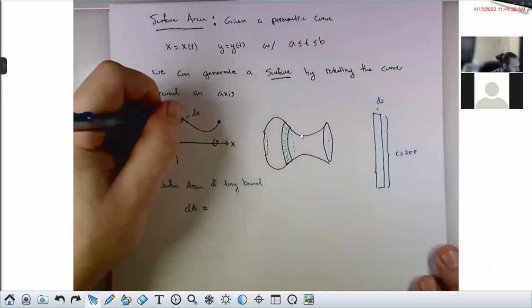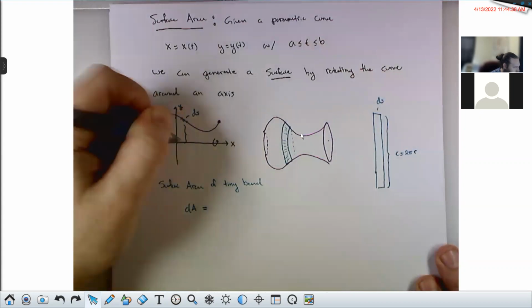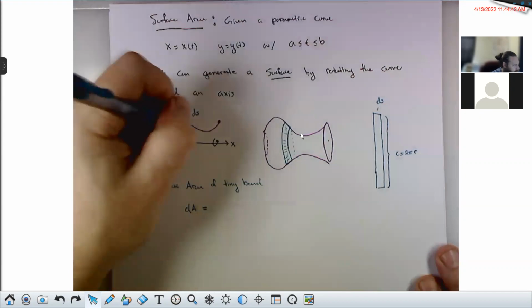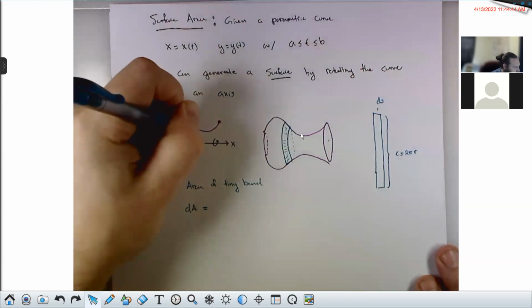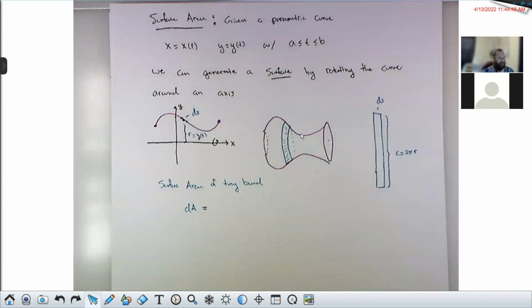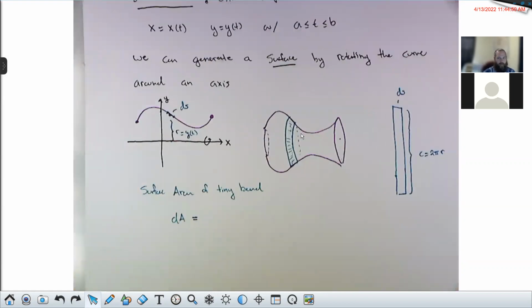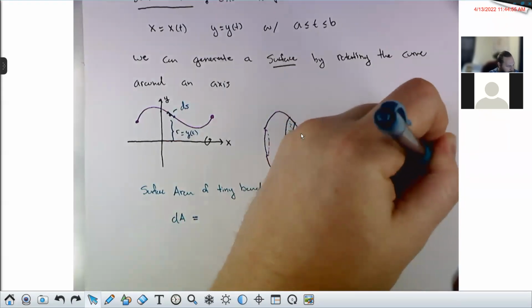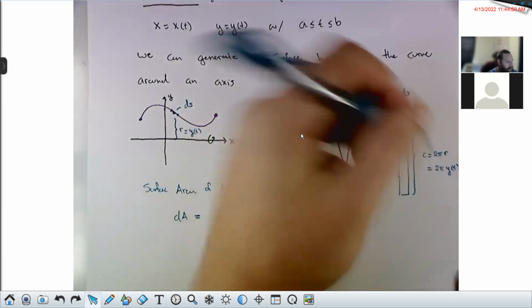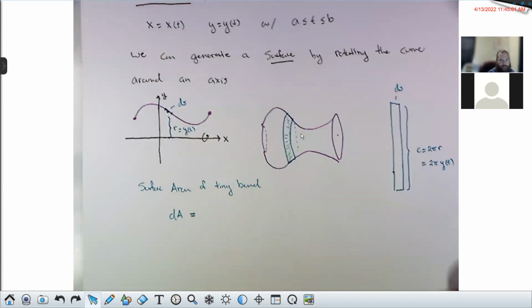And the radius is this distance over here. So if we're rotating about the x-axis, the radius would be y, or y of t. My circumference is going to be 2 pi r, and r is y of t, so it's 2 pi times y of t.